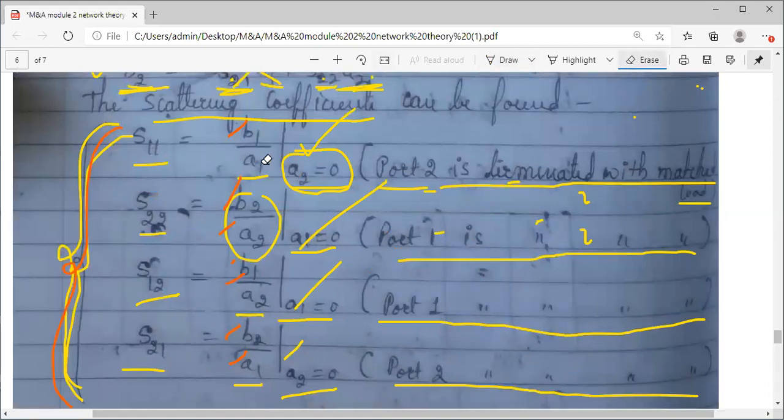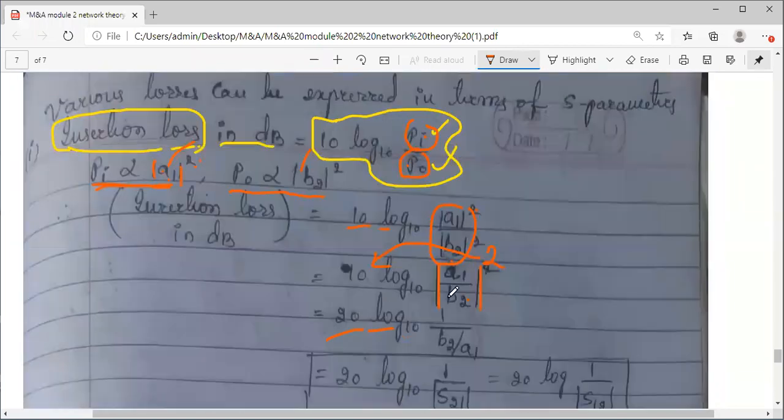Check. ये तो दोनों ones हैं, ये दोनों twos हैं. ये A1 नहीं है, it is A2. Okay, we have here, you can see, S21 ये एक S parameter है जहां पे आपको A1 भी है और B2 भी है. A1 and B2 है, but it is B by A. But what I am having is A by B.